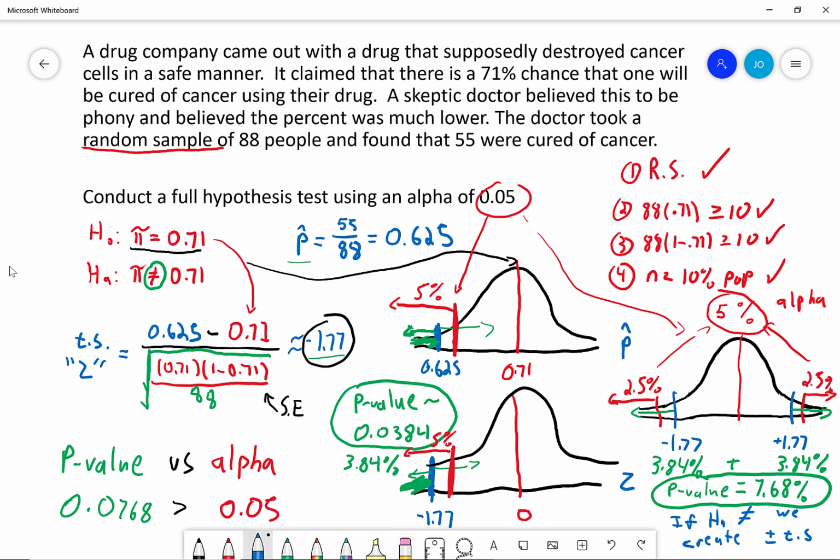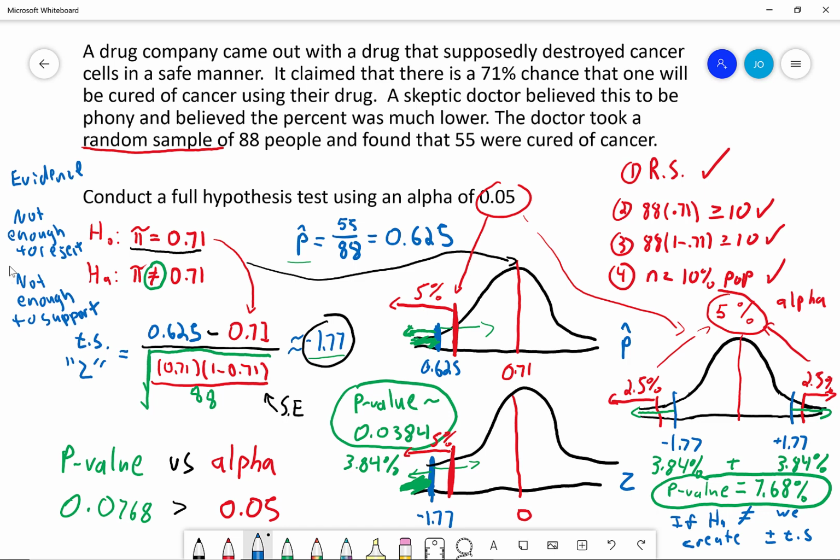And so what that tells us is that our evidence is not enough to reject H0 and not enough to support HA. We don't have enough evidence essentially for anything, since our p-value is greater than alpha.